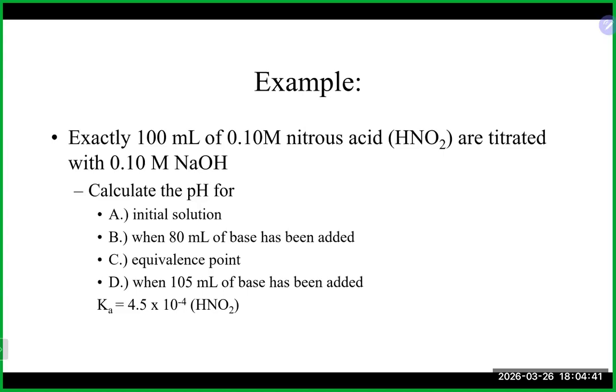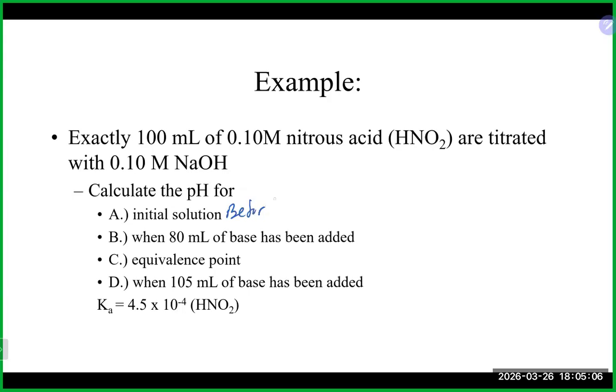All right, so take a while here, and we want to figure out what is the pH at each of these steps along the way in a titration of 100 milliliters of 0.1 molar nitrous acid titrated with 0.1 molar sodium hydroxide. We want 4 different spots. What is the initial pH of the solution before we begin?